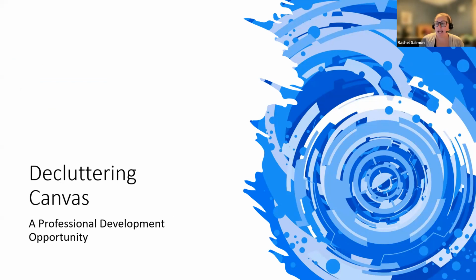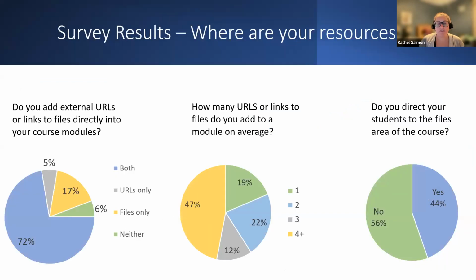So if we take a look at the survey results, the first part of it is where we wanted to know, where are you putting your resources so that we could help you get them organized in the best way possible. So all the way on the left, do you add external URLs or links to files directly into your module? And it looks like almost three-quarters of the people who responded say they add both.